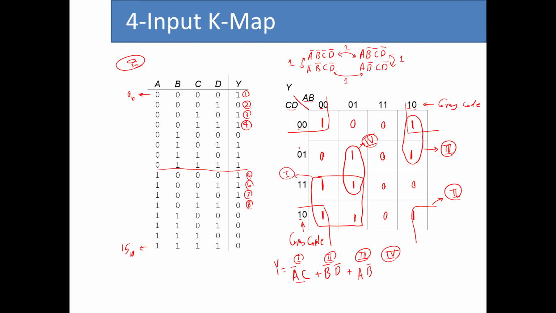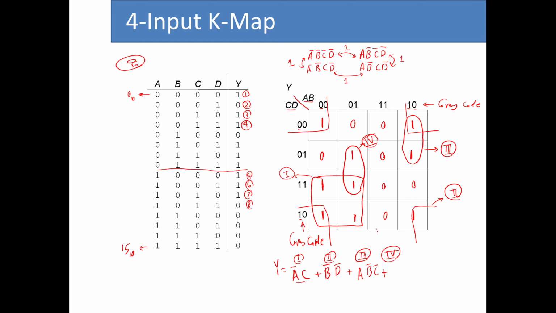C is also always 0 for these two, which means we have C bar here, but D has both 0 and 1 values. So that means that it's not going to be included. Basically, if you write down the associated minterm for these 2 ones and then you use the theorems, you can simplify or minimize the variable D.